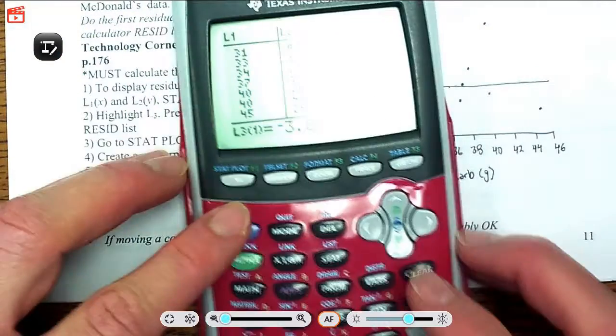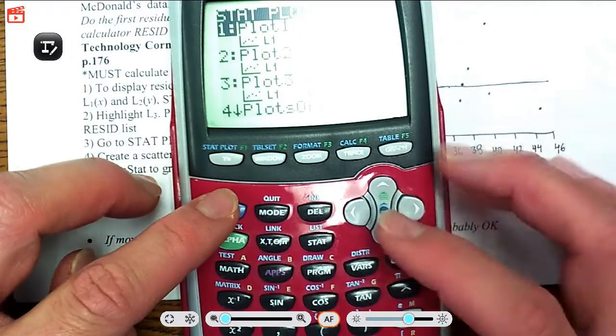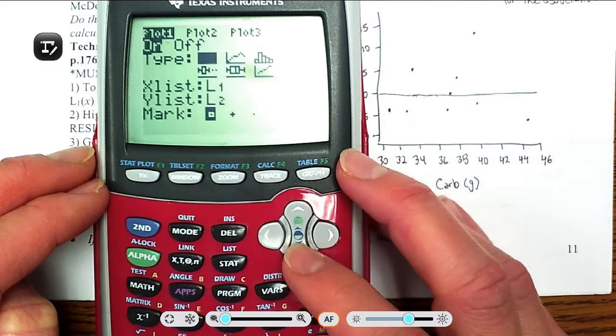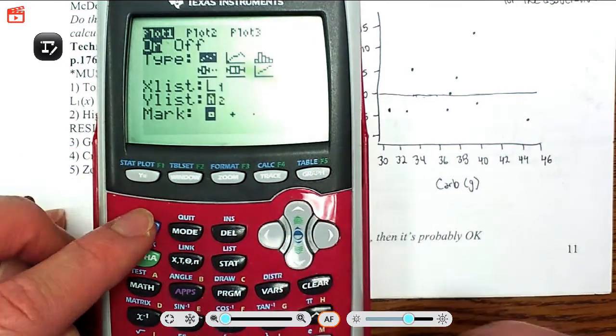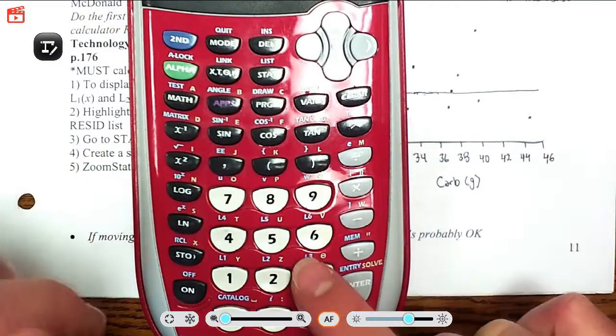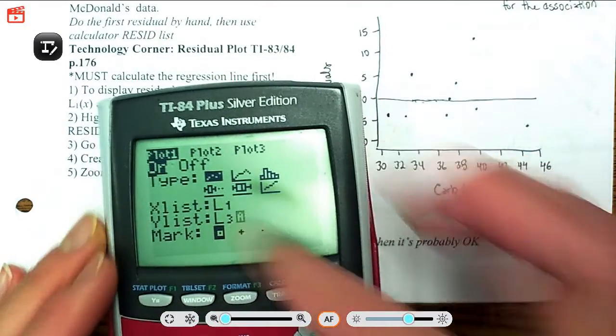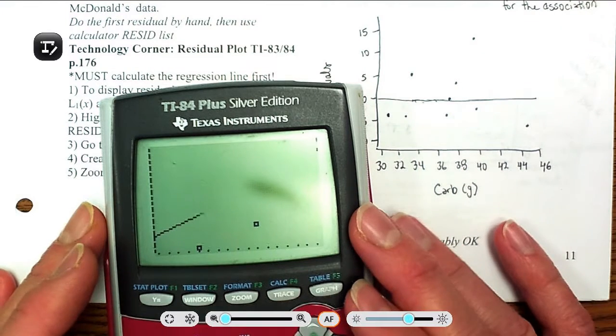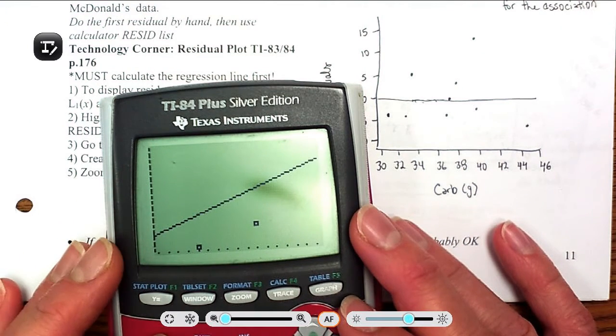So I would like to see a graph, second, stat plot, of L1, L3. So I'm going to go second, L3, right down here. And then graph. Oh yeah, I just need to do a couple more things.